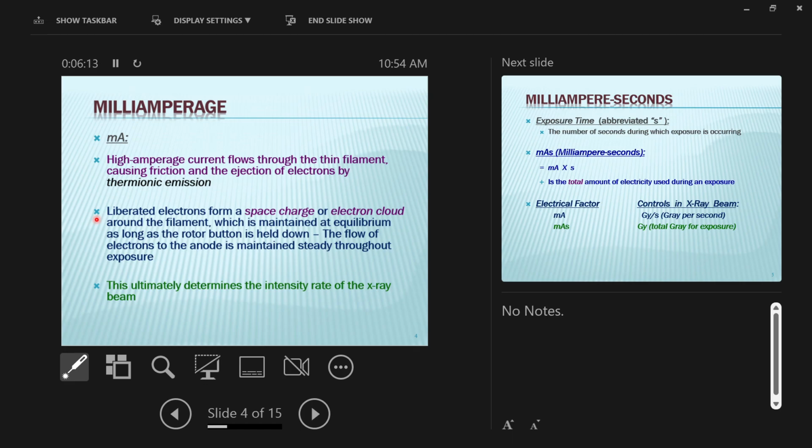Some light comes on a different piece of equipment, and you know that it's ready to make the exposure now. It took time to spin the rotor up to speed and to build the charge on the cathode side of the X-ray tube, okay? So both of those things happen when you hold the prep button down, the rotor button, which is one reason why we want to minimize the amount of time that we're rotoring.